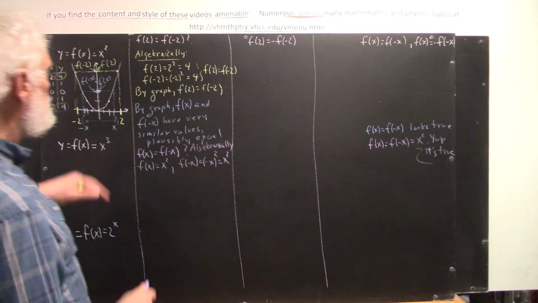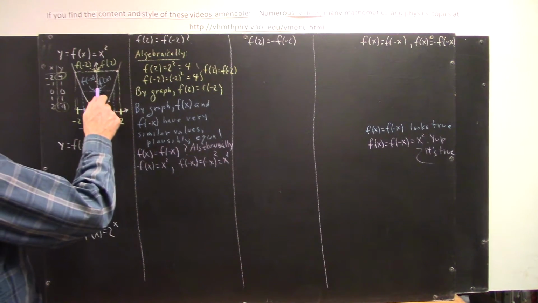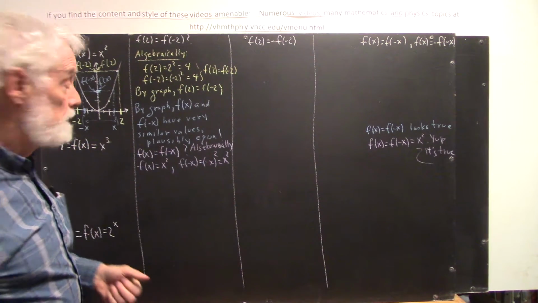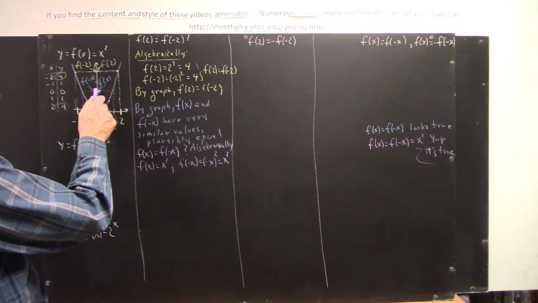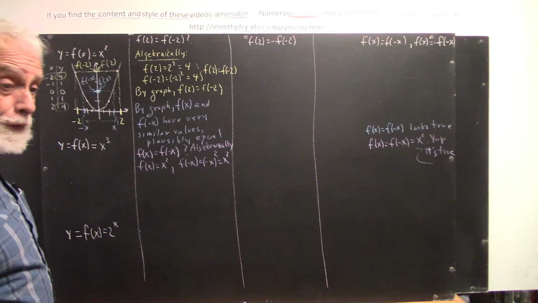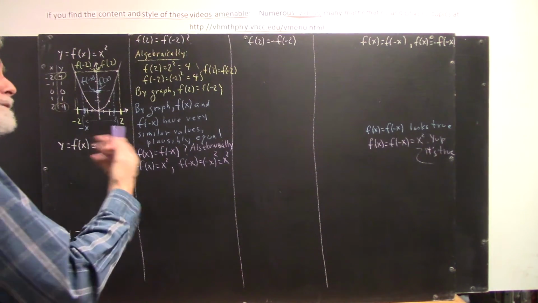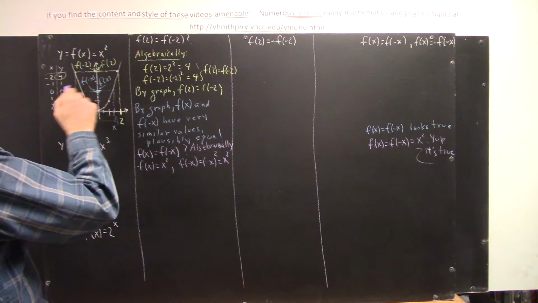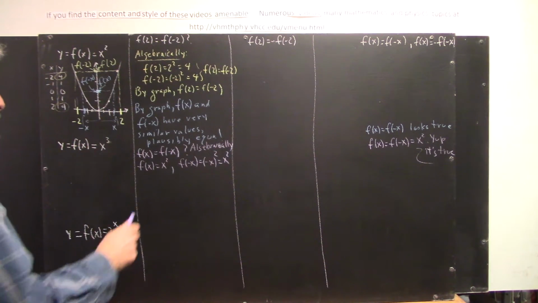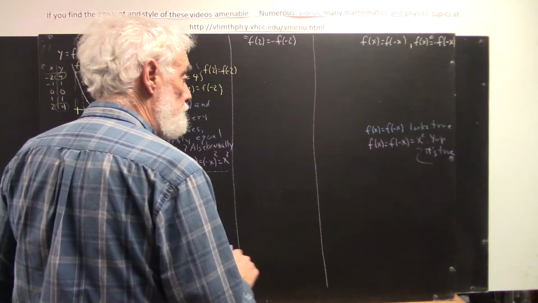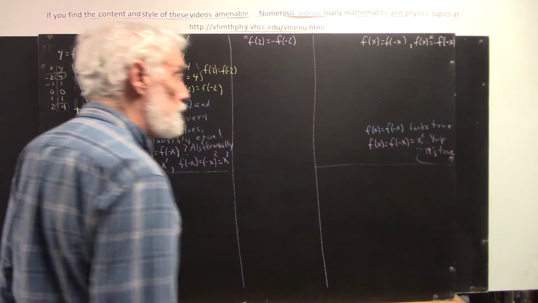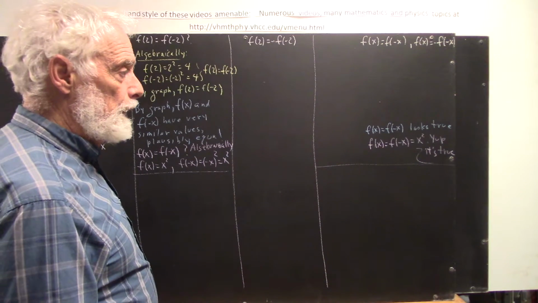Okay, so from our graph, we see that f of x and f of negative x look like they might well be equal. The little discrepancy we have between these positions on the y-axis is just an anomaly of the process of graphing and drawing these projection lines. So we come to a pretty firm conclusion that f of x equals f of negative x.